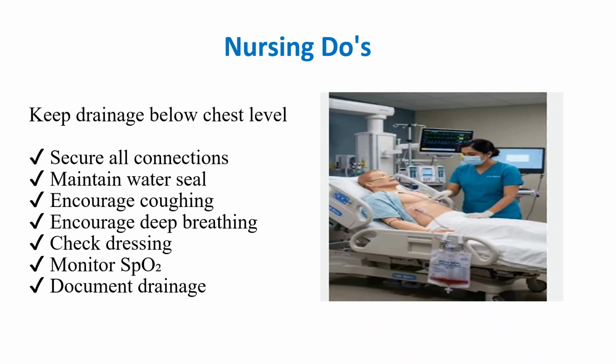Encourage the patient's coughing and deep breathing. Check the dressing for any wetness or oozing. We have to monitor the SpO2 saturation level. Since we have done a procedure in the chest cavity, you need to monitor the respiratory rate and O2 saturation level, and document the drainage reading in the nurse's record. So these are some of the do's to be done by our nurses.